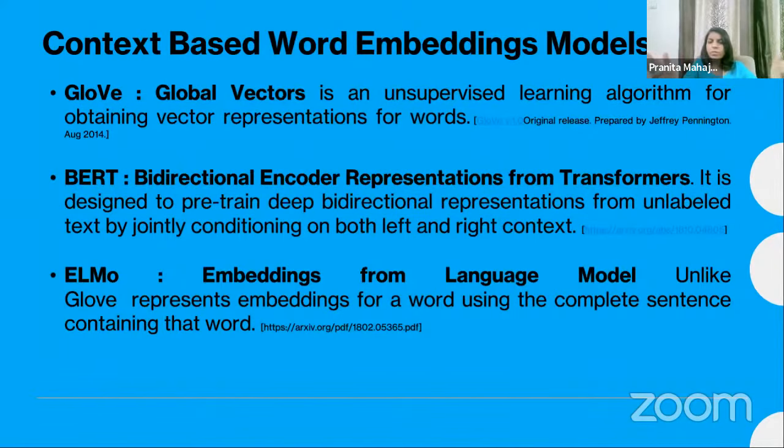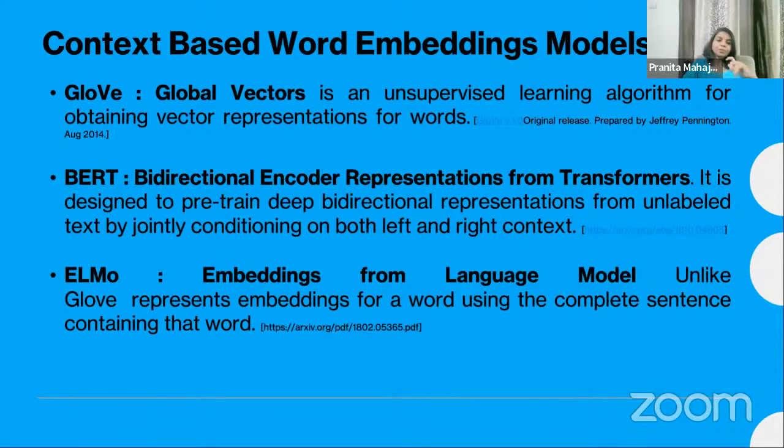Till date, there are many more variants of BERT available, or you can just freeze a few layers of BERT and train it on your own domain data, and it works wonderfully. It makes wonders actually. BERT stands for Bidirectional Encoder Representations from Transformers. It's a pre-trained deep bidirectional representation from unlabeled text.